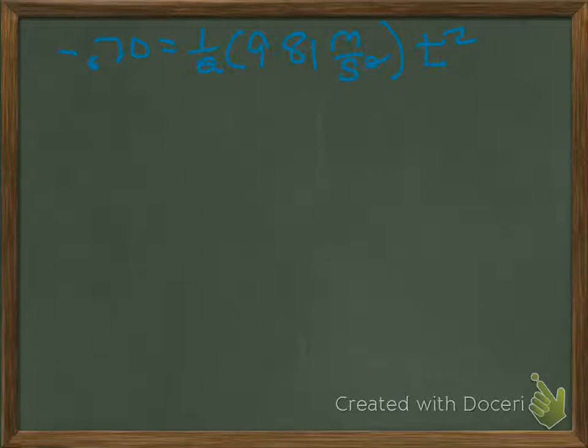So here I've copied the equation down with some room to work. First thing I'm going to do is divide 9.81 meters per second squared in half, which is going to give me negative 4.91 t squared is equal to negative 0.70. I'm going to divide both sides by negative 4.91.